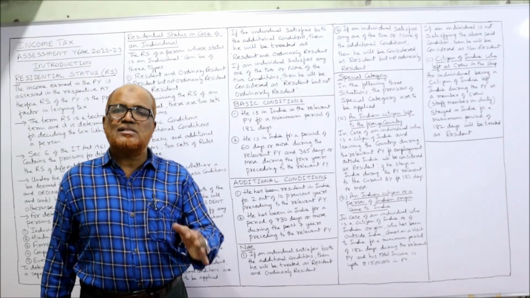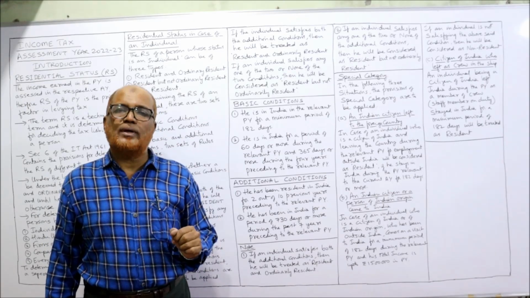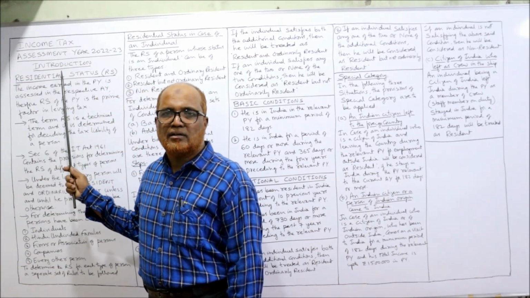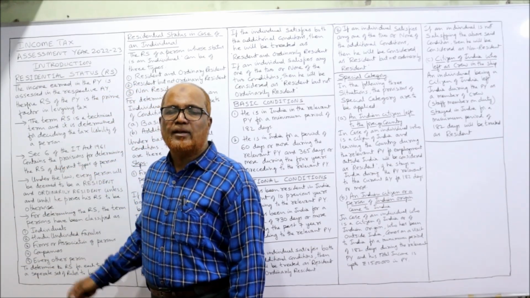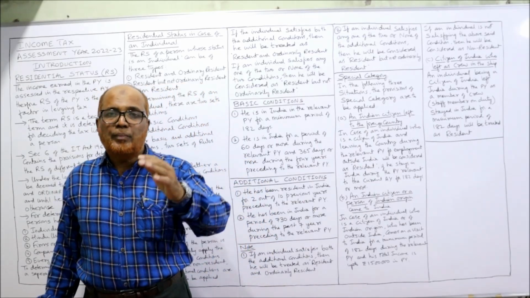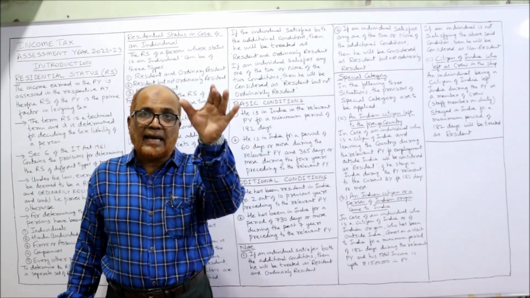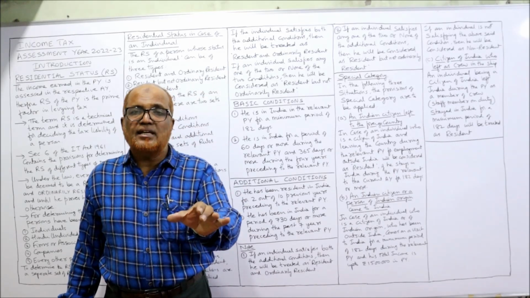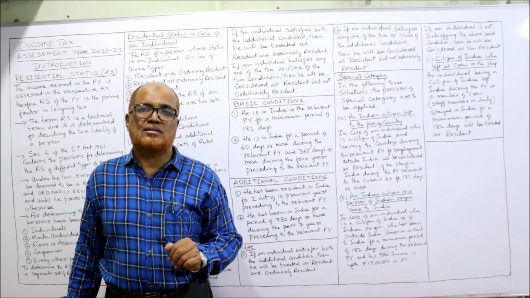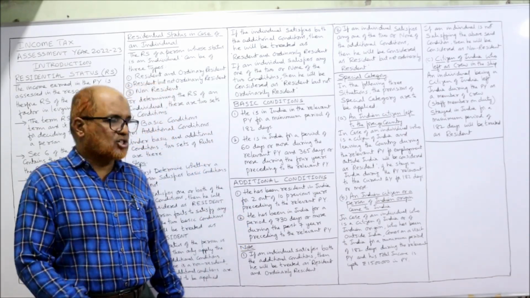Our current previous year is 2021-22. Assessment year is 22-23. For the assessment year 22-23, previous year is 21-22. So before this 21-22, 10 years. In those 10 years, at least 2 years, he must be resident in India. That is the first additional condition.